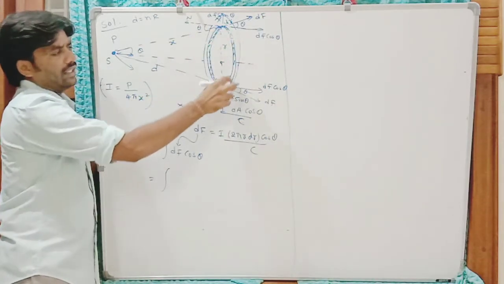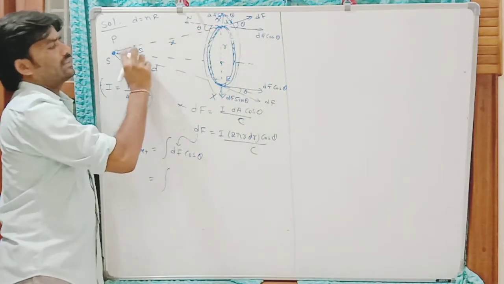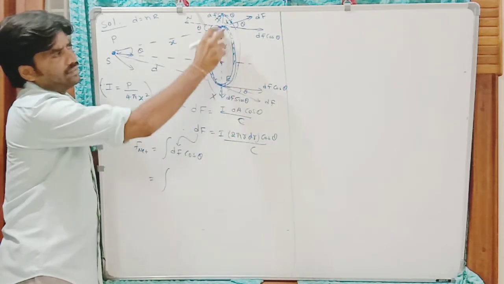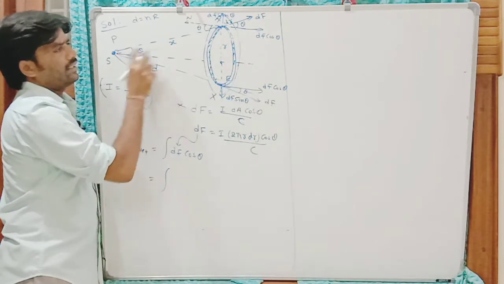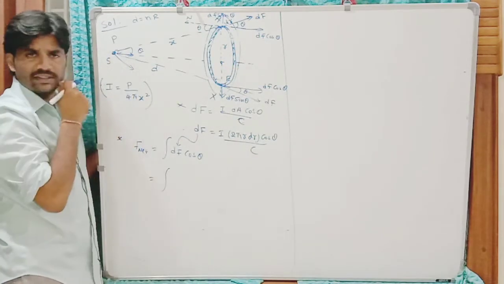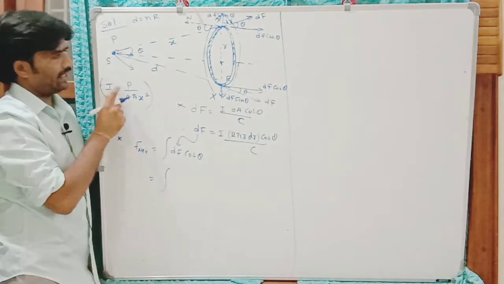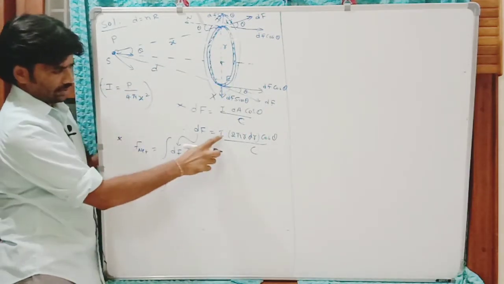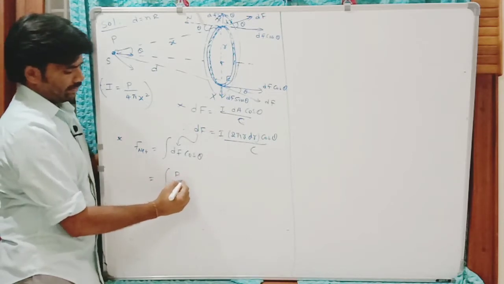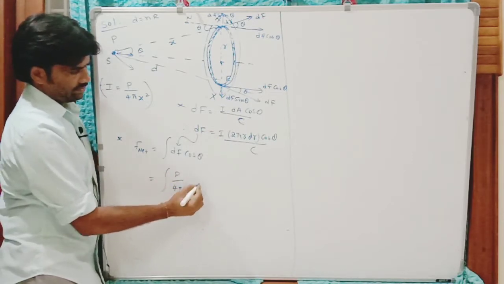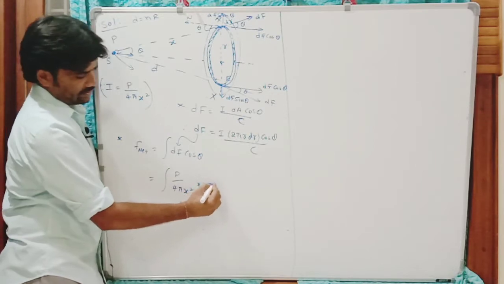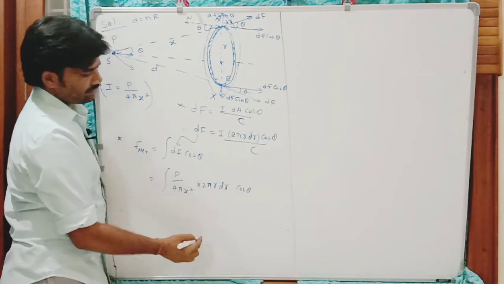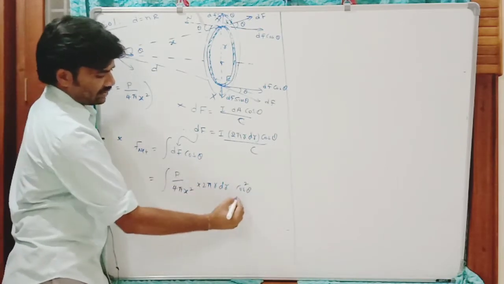So this ring edge's distance from this point source is x. For every part of this ring, it is located at the same distance x from this source S. So I at this edge of the ring is P by 4 pi x squared. So this I is what? P by 4 pi x squared, 2 pi r dr cos theta, and this cos theta, cos squared theta by C.